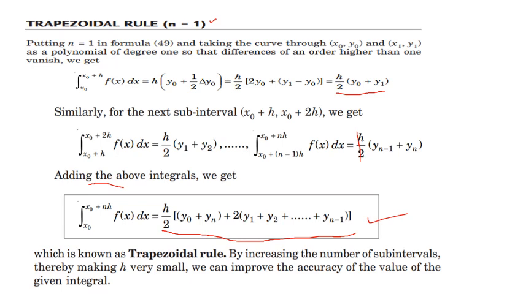So this is something which is required. You require the function to be evaluated at these intervals, and from that you can find the area under the curve using the trapezoidal rule.